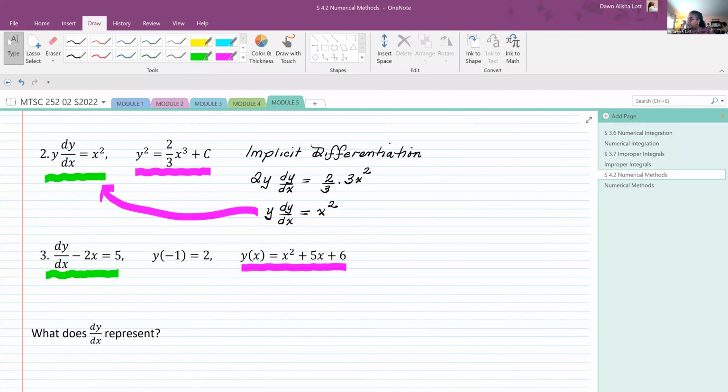And it is, y of -1 is equal to 2. Okay, so if I take y prime, I get 2x plus 5. And now I'm going to put it into the differential equation. So I get 2x plus 5 minus 2x equals 5. Again, a true statement.